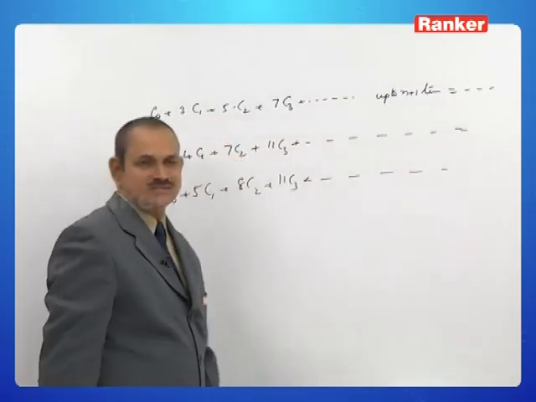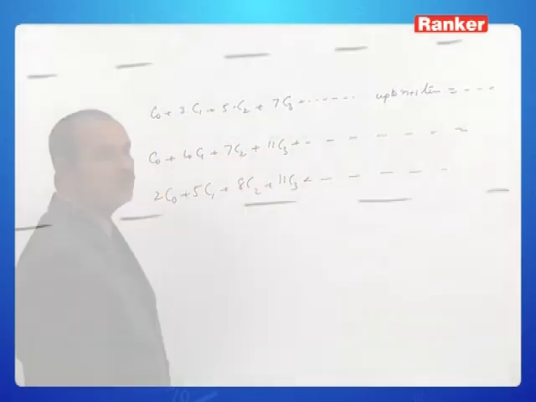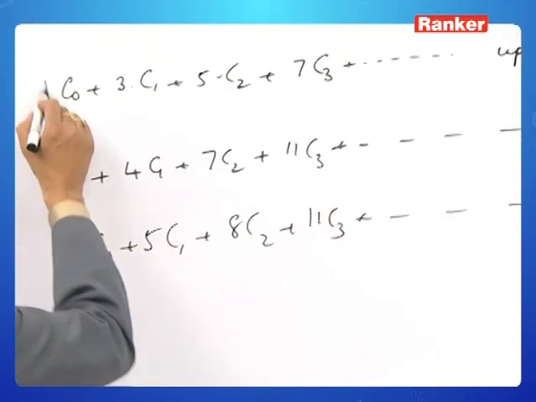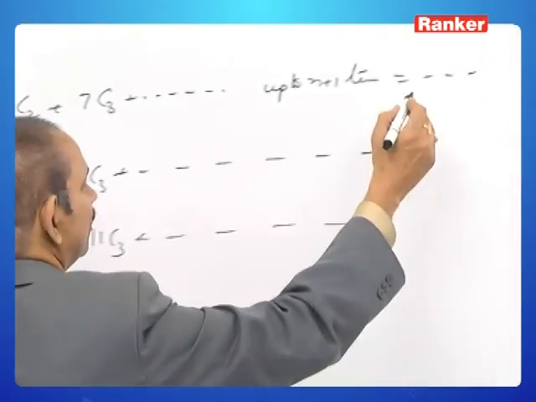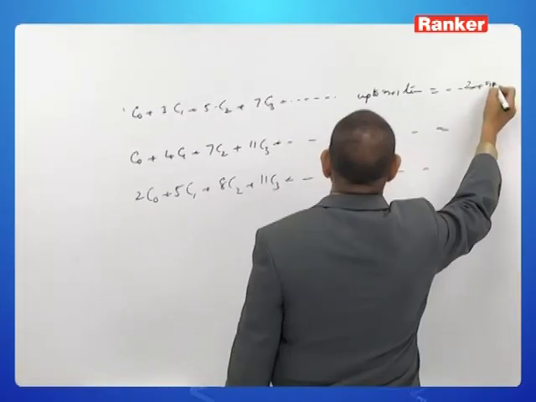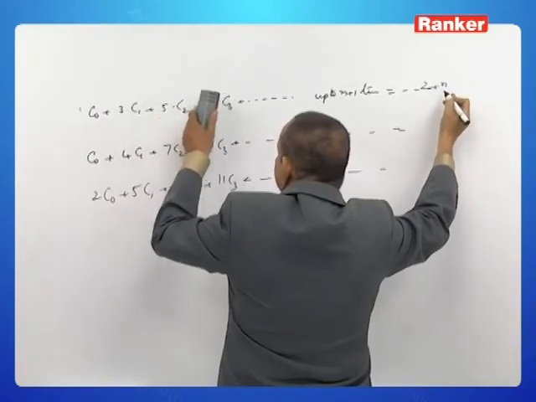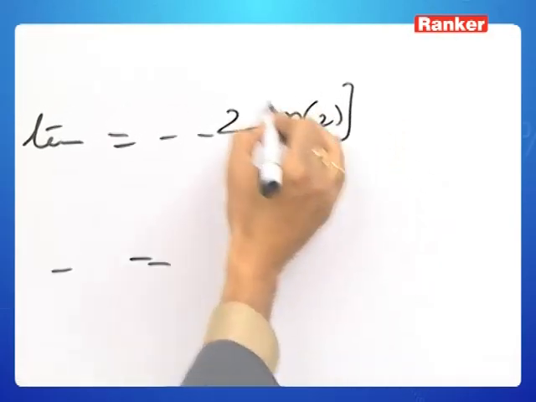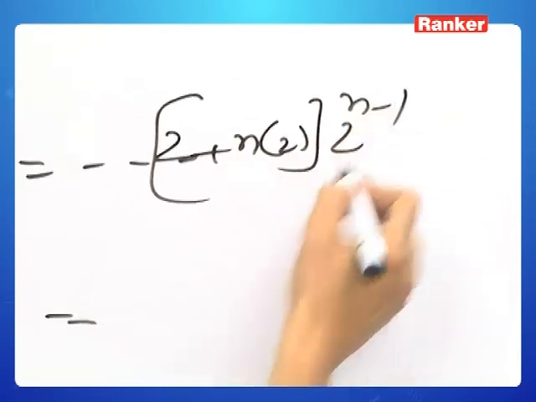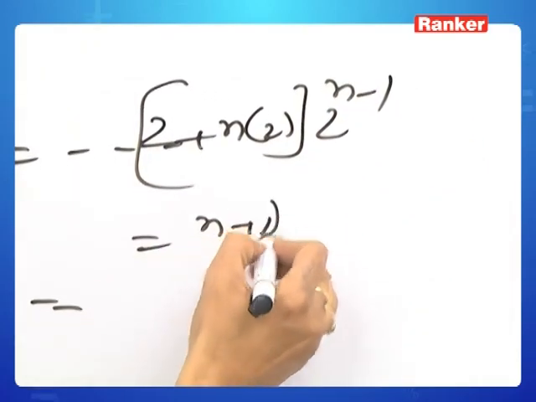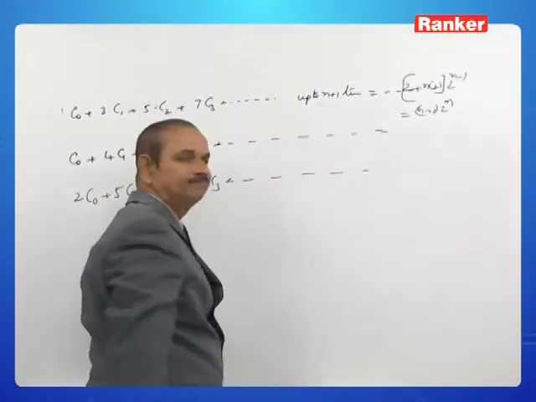How can you get this? This is 2A plus ND. What is A here? 1. 2A means 2, plus ND. Difference is 2, as in 1, 3, 5, 7. So 2 plus 2n into 2 power n minus 1. This is nothing but n plus 1 into 2 power n.